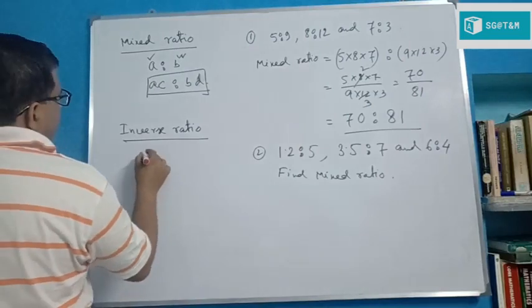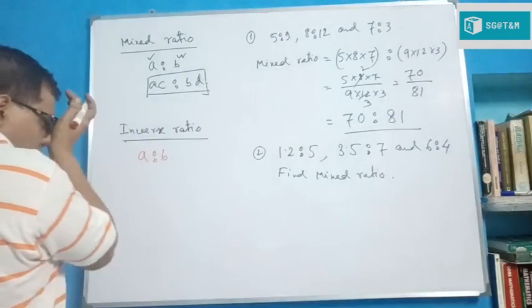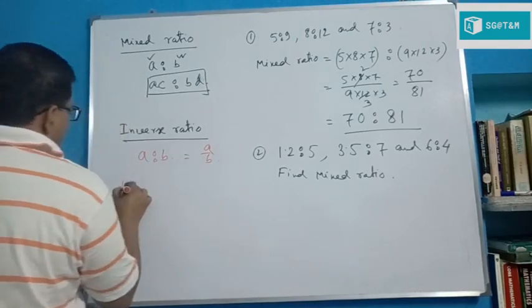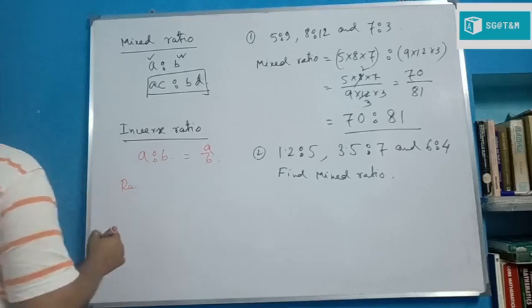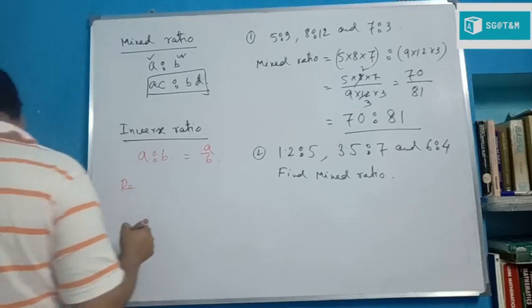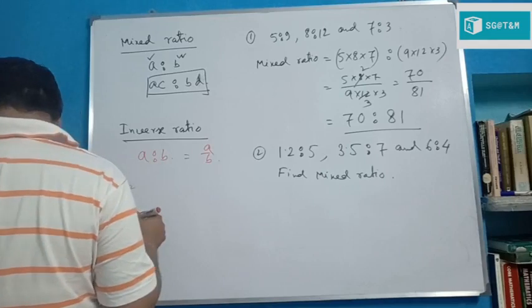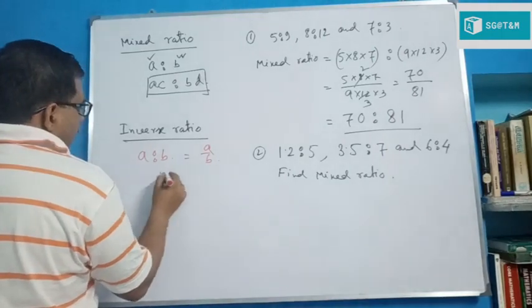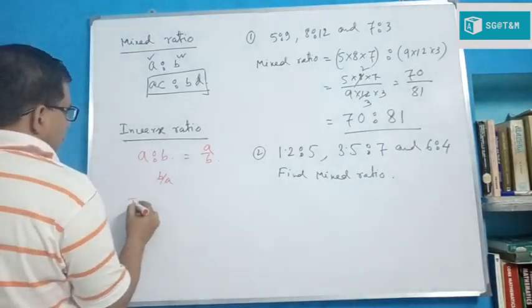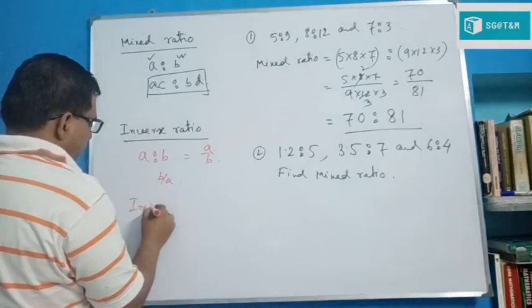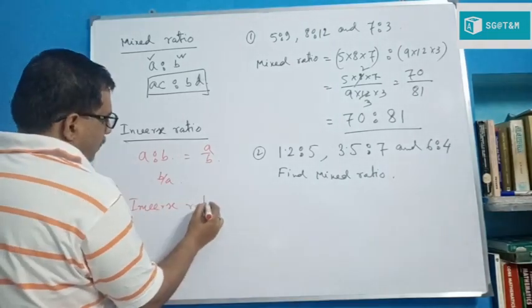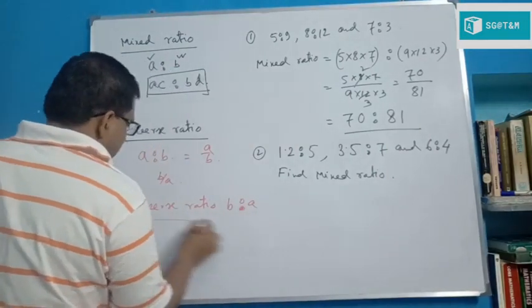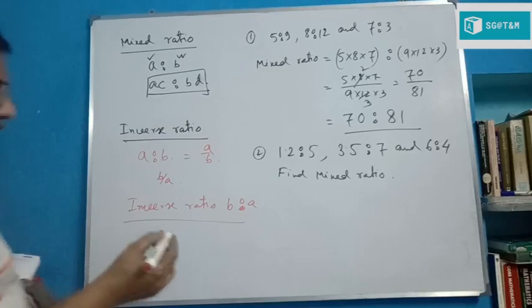If a ratio is given A:B, then if we write it in division form A/B, its reciprocal will be B by A. Then the inverse ratio is B is to A.